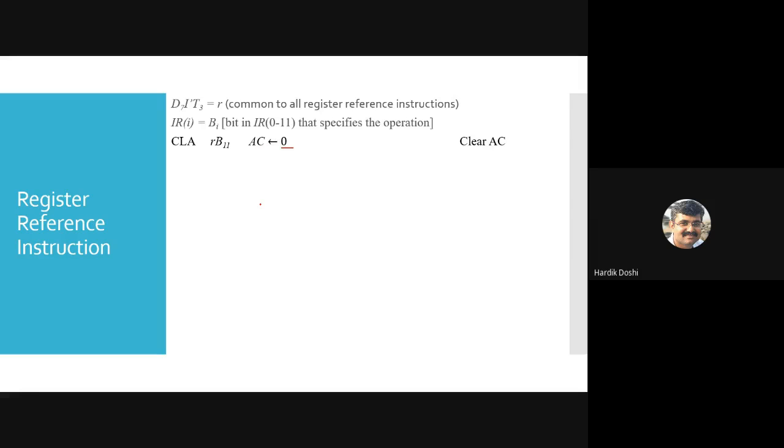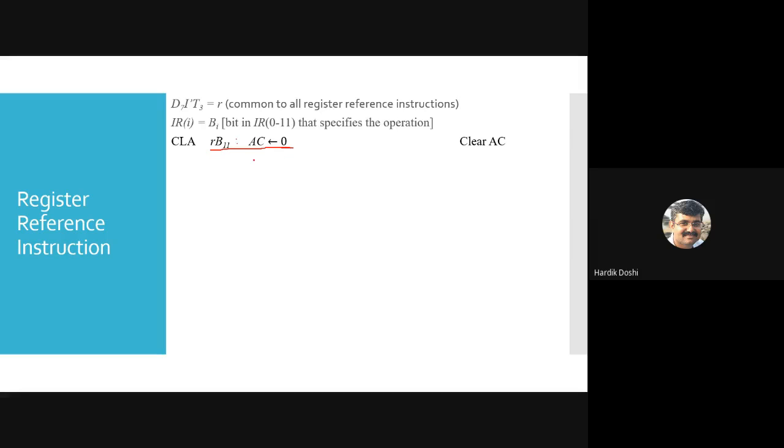So this is nothing but your complete RTL notation. What is RTL? Register transfer language. That means at RB11 time, AC will be 0.